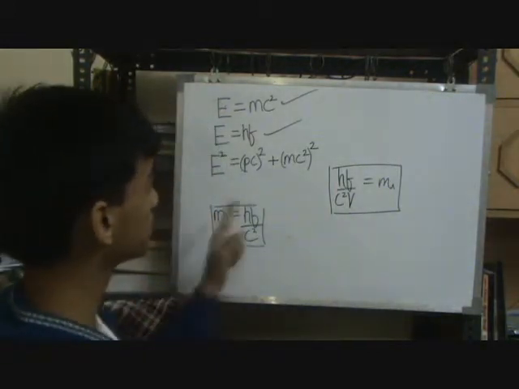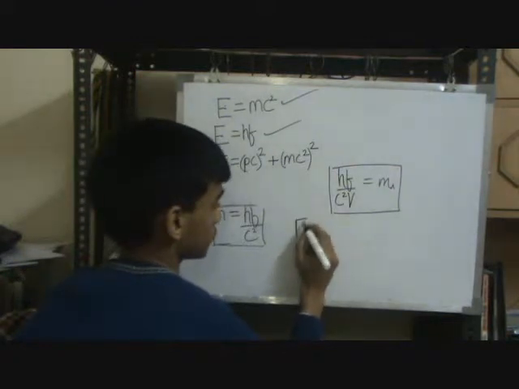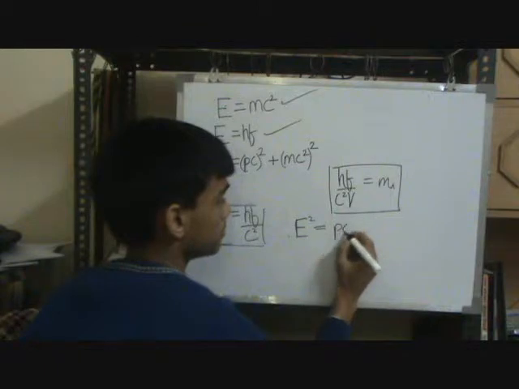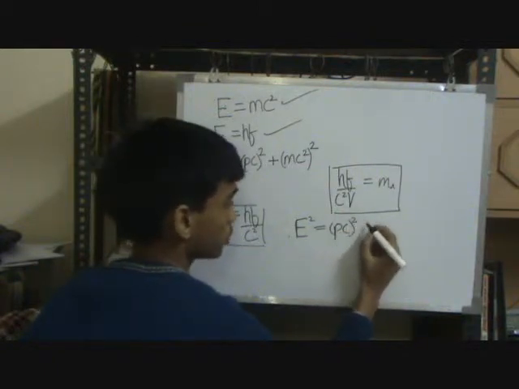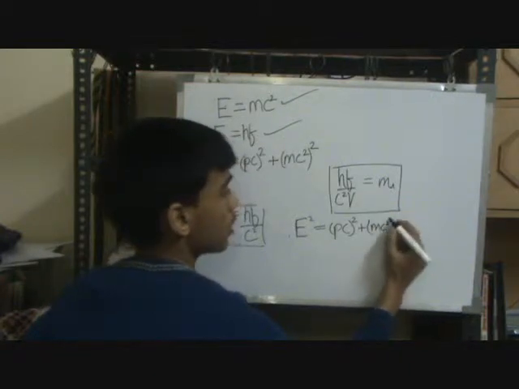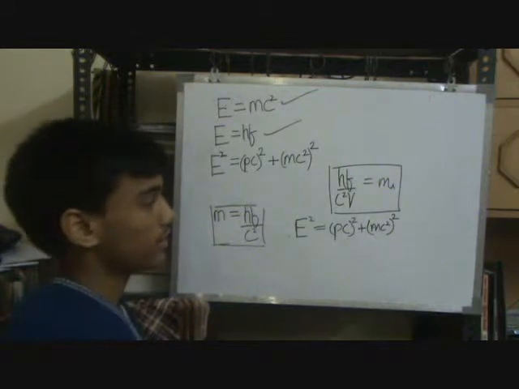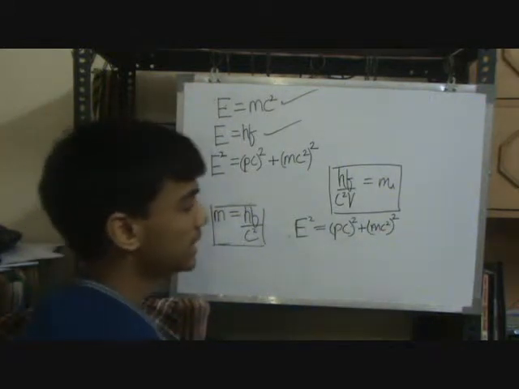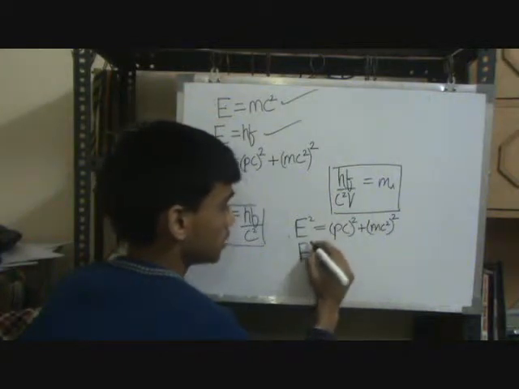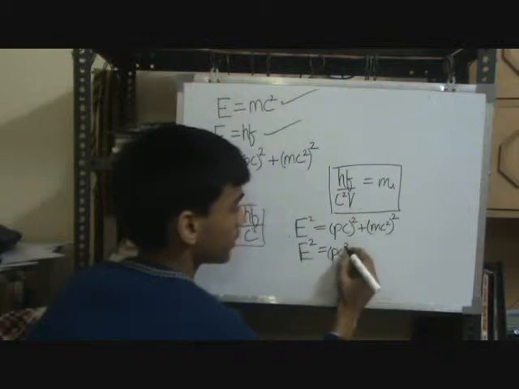Now when we come to the third and the last equation, this relation is E square is equal to (P into C) whole square plus (MC square) whole square. Normally for a photon, where the rest mass is 0, this relation reduces to E square is equal to (PC) whole square.